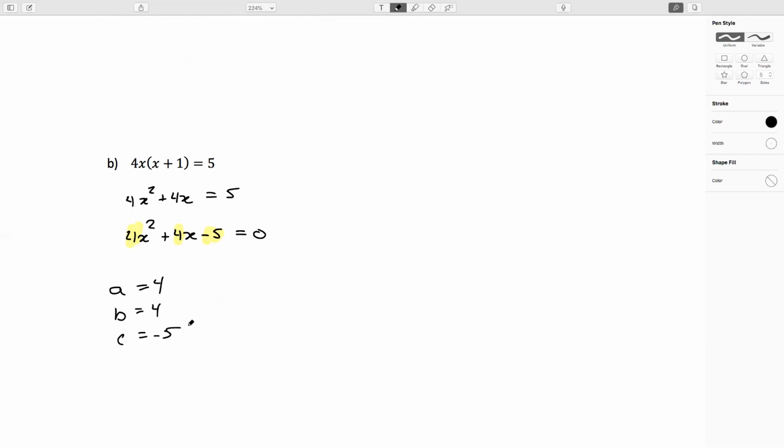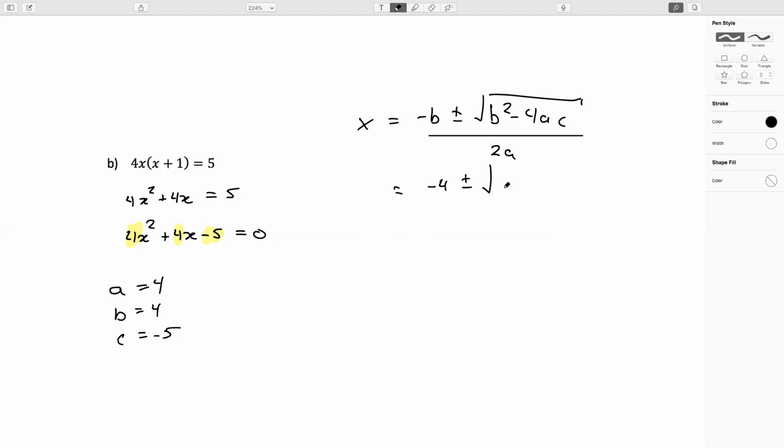So using the quadratic formula, x equals negative b plus or minus the square root of b squared minus 4ac, and it's all over 2a. We'll go plug our numbers in. Negative b is negative 4 plus or minus the square root of b squared, which is 4 squared minus 4 times a, which is 4, times c, which is minus 5.